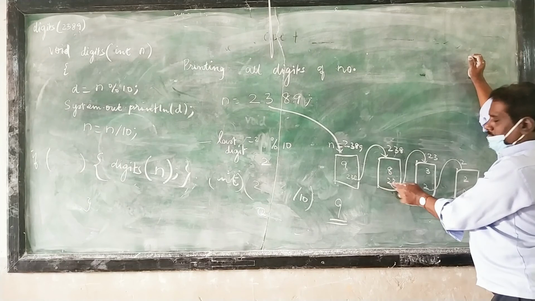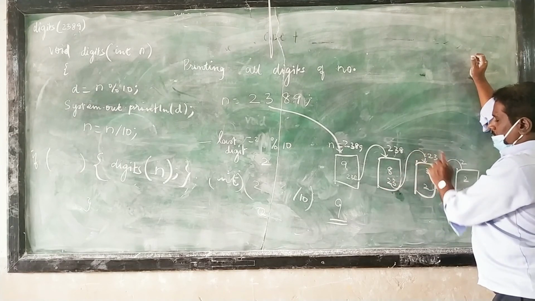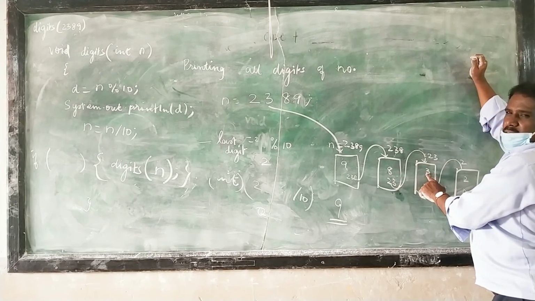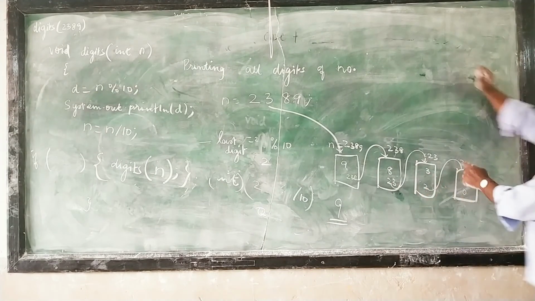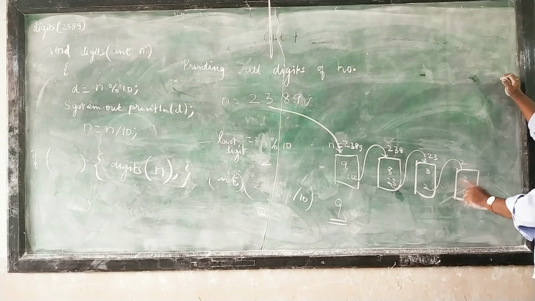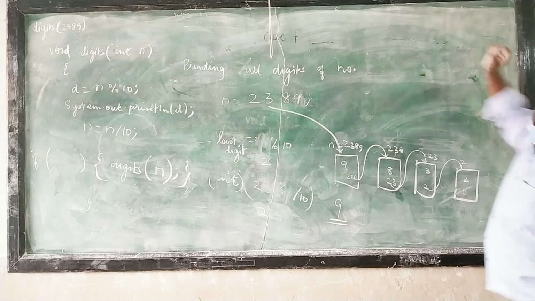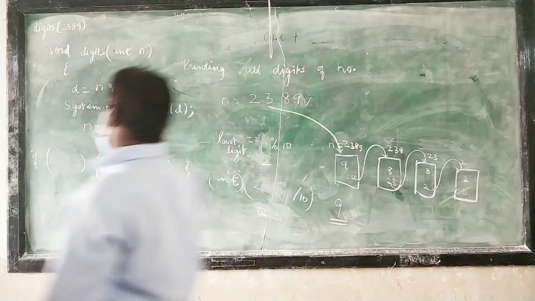It will become 23 and we are sending it out. 23, last digit we are removing. Taking out 3, printing and removing, it will become 2. 2, we are taking out last digit 2, printing and removing, it will become 0. So in the last block, what is the indication? The number will become 0. So that is the condition.